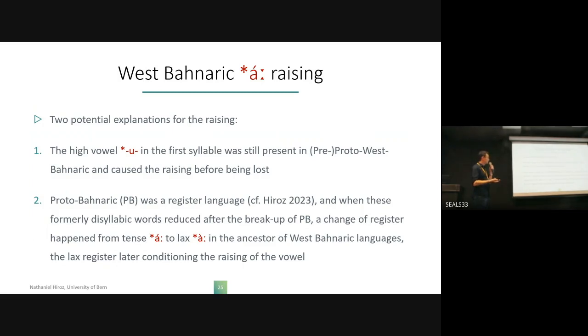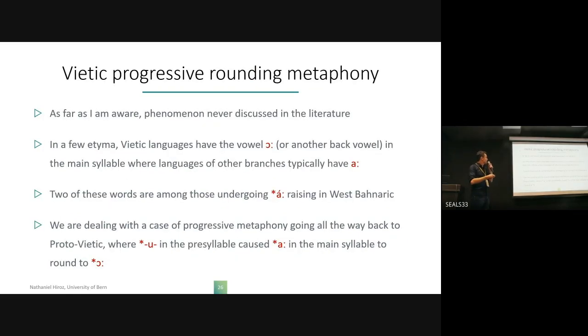Or second explanation, which I tend to favor, but it would be a whole topic in and of itself: if Proto-Bahnaric was a register language, as I suggested last year, and so had a contrast between a tense and a lax register, those formerly disyllabic words would have reduced, and there would have been a change from tense register to lax register, and then this lax register would have caused the a to raise. But maybe we can discuss this in the Q&A session, because we don't have time for this right now.